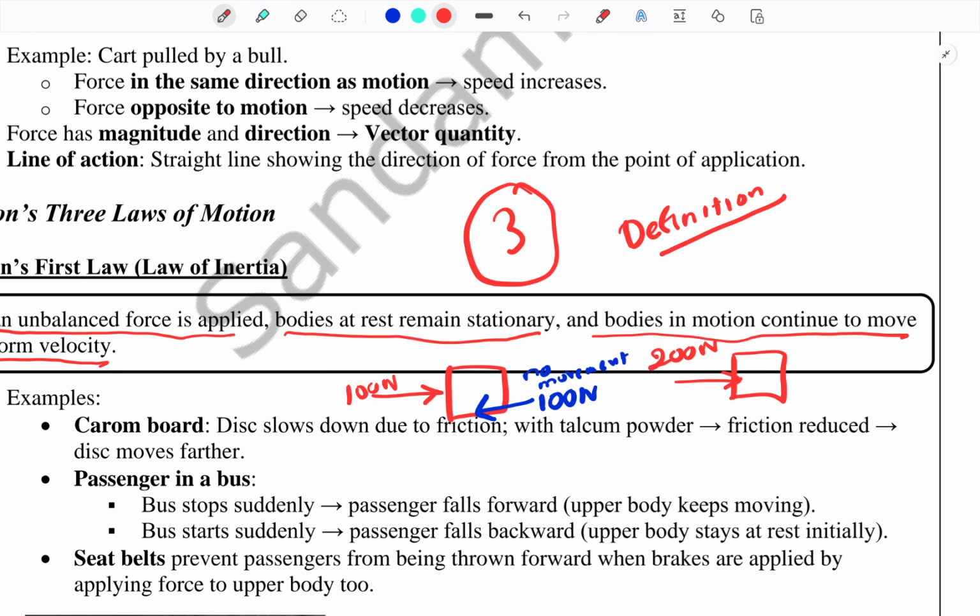The maximum resistive force the floor can give is 150 Newton. But now you are applying 200 Newton. So what happened? No, it can't give the same force. So now your 200 Newton force is greater than the frictional force. So there is a motion.